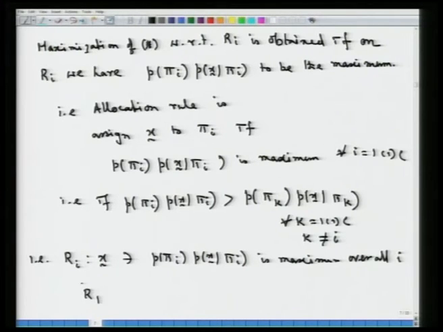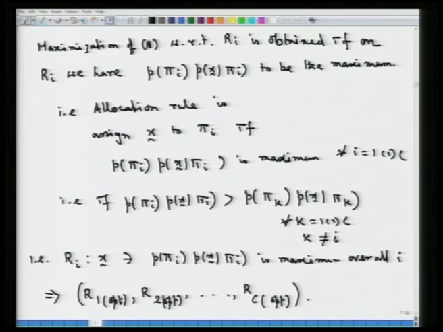So, we will be having the optimum partition minimizing the total probability of misclassification. So, this would lead us to this R1 opt, R2 opt, in the sense that it is leading us to the partition which would minimize the total probability of misclassification.